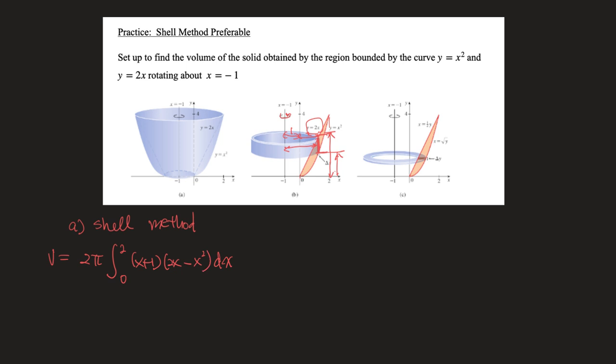On the other hand, another way is the disk method, the washer method, guys. So here is the rotating axis. Here is a hole. You have to draw the rectangle perpendicular to the rotating axis. Here is a hole, so this is the washer method.